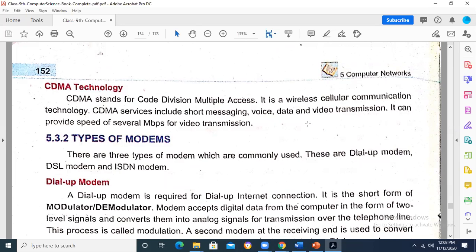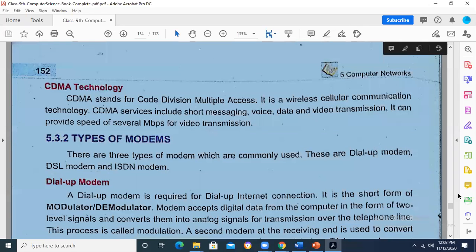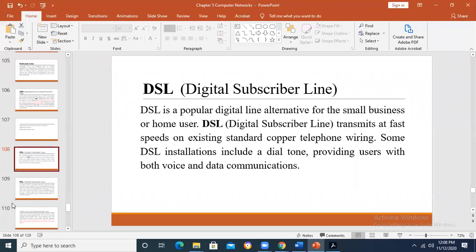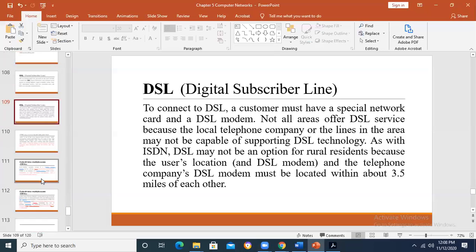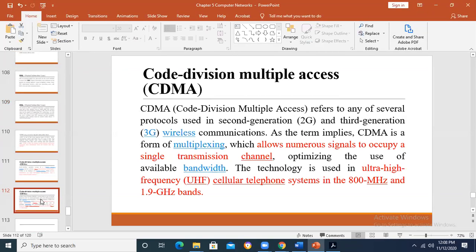It can provide speed of several Mbps for video transmission, and I had shared with you the proper statistics about the CDMA, that 800 megahertz to 1.9 gigahertz frequency is supported by the CDMA. Okay, so I have explained all the pros and cons.